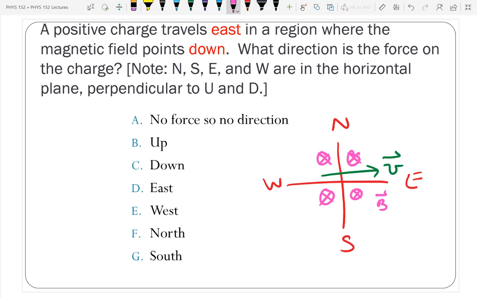And the person I'm going to call on will simply lead us all through applying the right-hand rule to this. So I won't even ask them what their answer is. I'll just have them lead us through applying the right-hand rule.